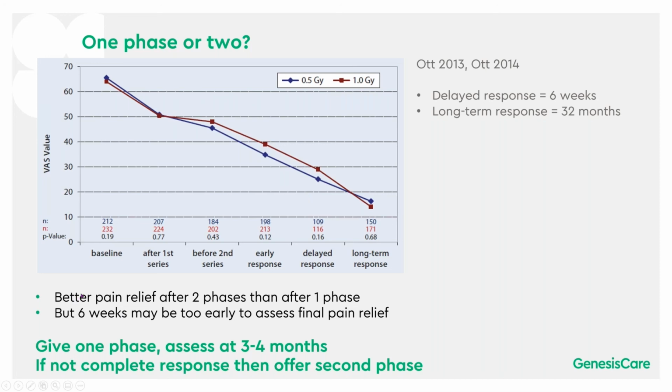So you can see that there was better pain relief after 2 phases than after 1 phase. However, it might be there would have been more pain relief if you would have just waited without giving the second series. And therefore, really, you shouldn't assess whether they need the second phase too early. So really, if you wait for about 3 or 4 months, see the patient, see if they've had either a complete or a really good partial response. If they've not had that, you could offer a second phase. But if they've had good pain response at that time, then they may well not need a second phase. You can save that radiotherapy dose.